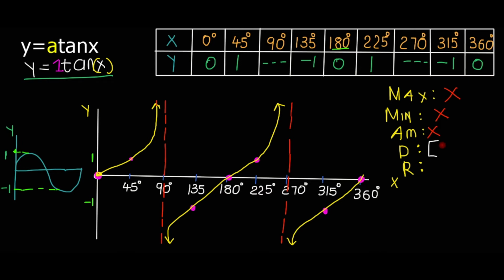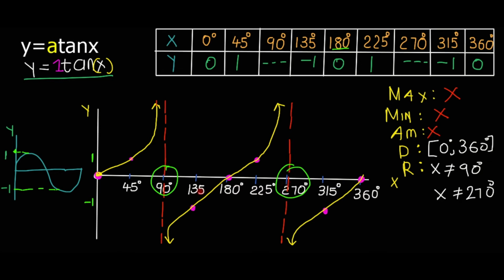Your graph starts from 0 degrees, so it is 0 degrees to 360 degrees, and it's important that you include these points. X cannot be equal to 90 degrees, and X cannot be equal to 270 degrees, because this point at 90 and this point at 270 do not form a part of this graph because of the error.